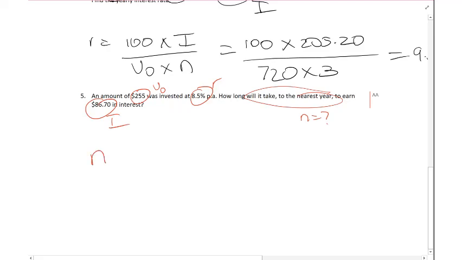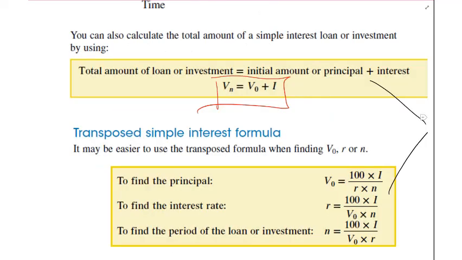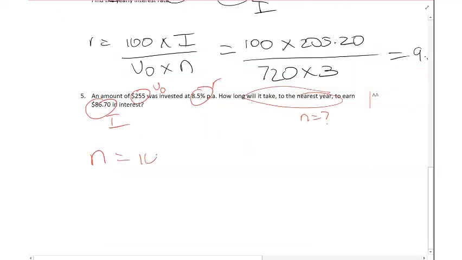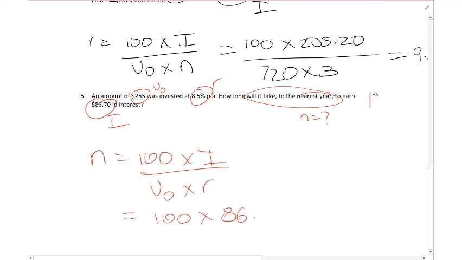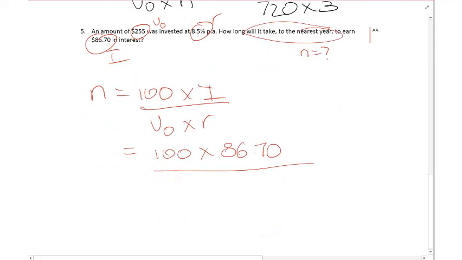So N equals 100 times I over V0 times R. 100 times, what was my interest? 86.70 divided by V0, which in this case was 255, times R, which was 8.5.